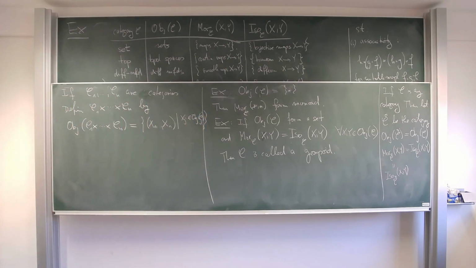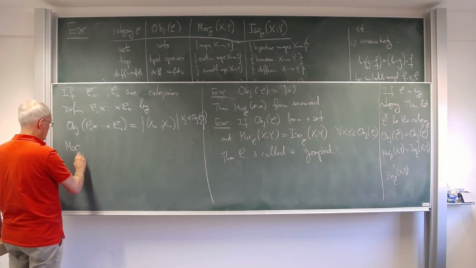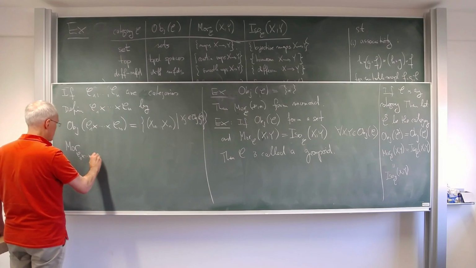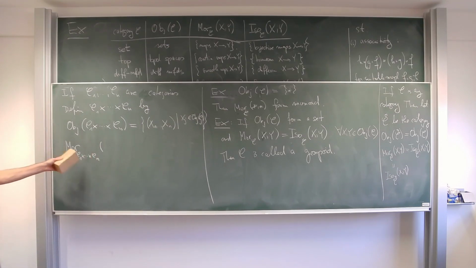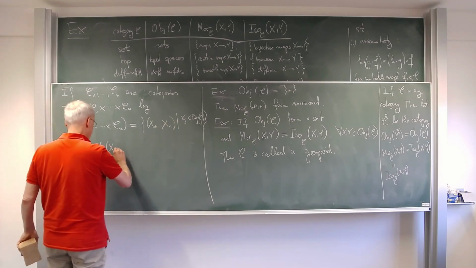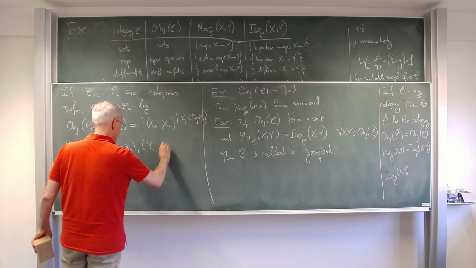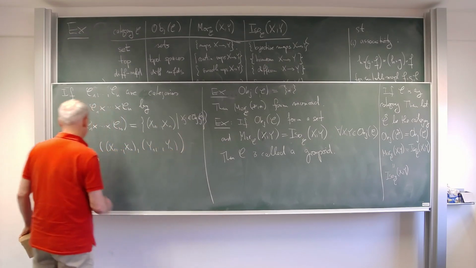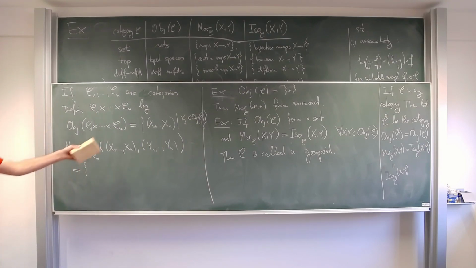And what do we do with morphisms? Morphisms in this new Cartesian product category should now act between two such tuples. And this is just a tuple of morphisms between the corresponding things.